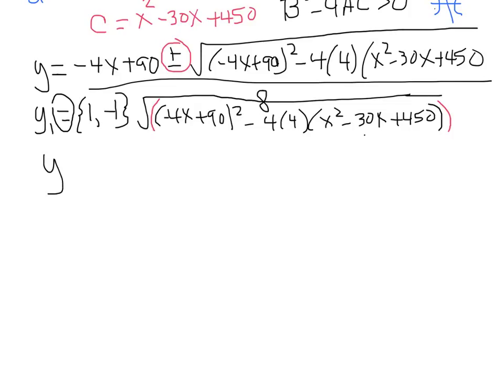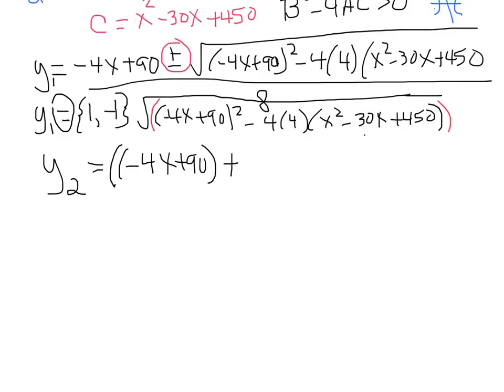Then in y sub 2, watch how cool this is. You're going to have a parenthesis, okay? Then you can, if you want, put the negative 4x plus 90 in parentheses. And then you're going to say just plus, and then you're going to call up your y sub 1.